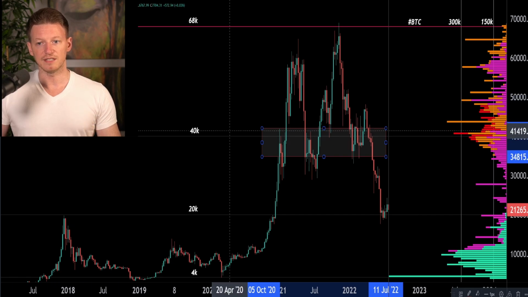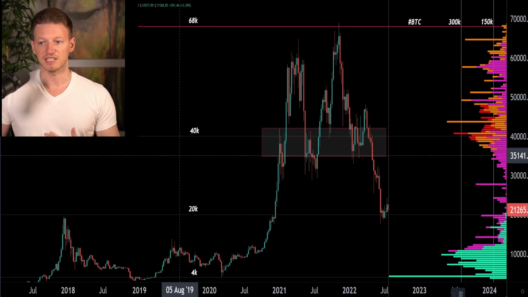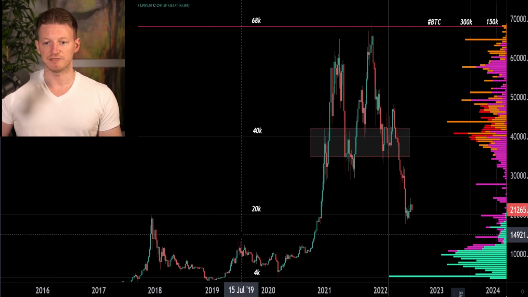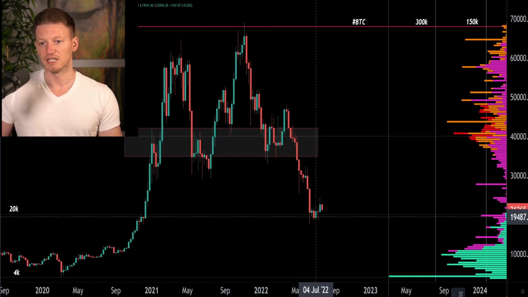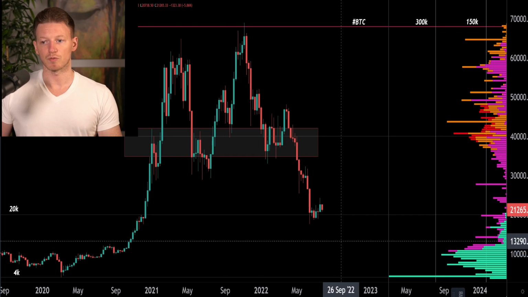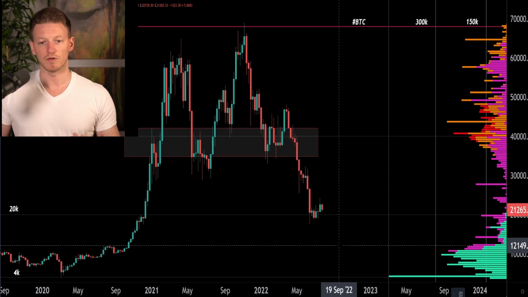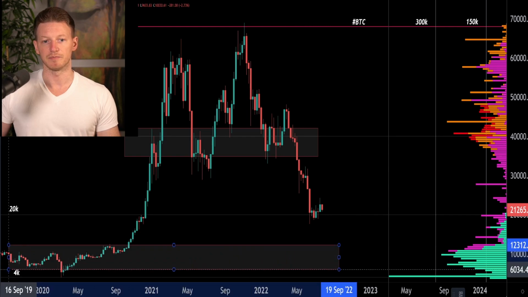So then we need to look and see, well, where is anything significant above us and where is anything significant below us? Unfortunately, as I've showed several times before, and we'll just sort of bring this out a bit, there is not a lot below us. Until you get down here to around, maybe 14K, maybe 12K. Right in the 12K range, there are simply not a lot of coins until you get down to this 12K range right here.